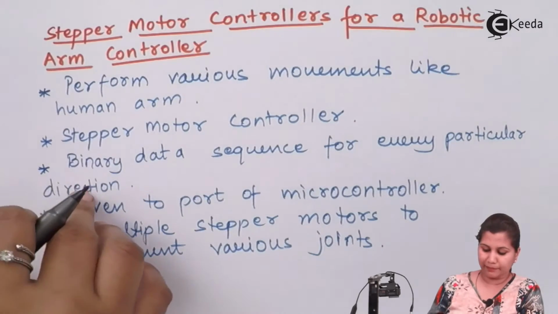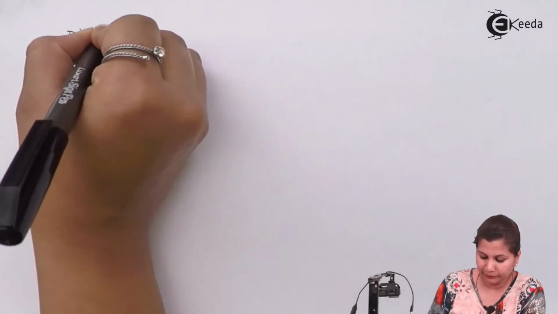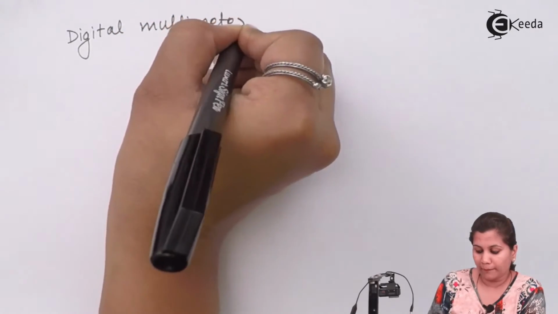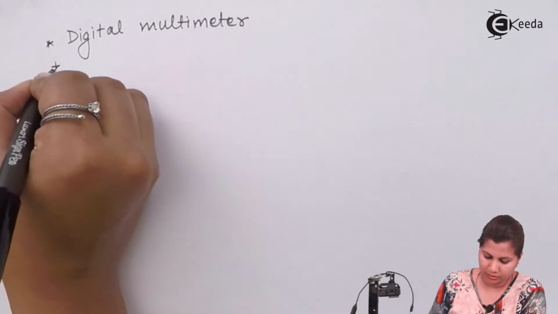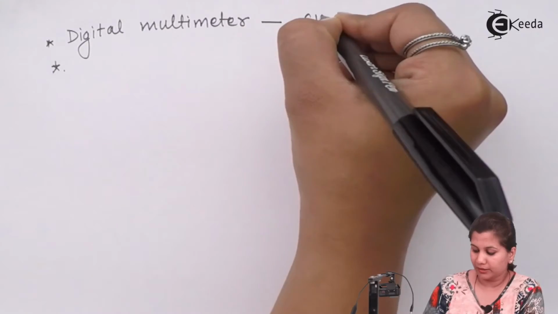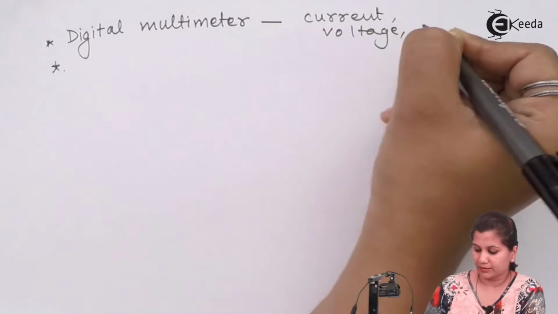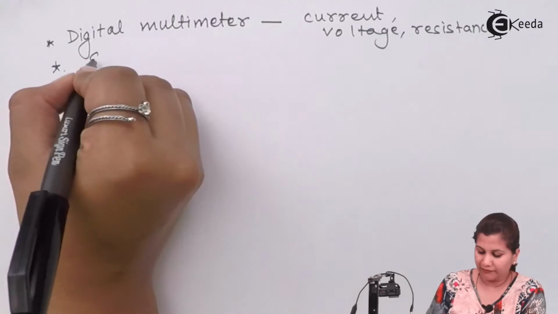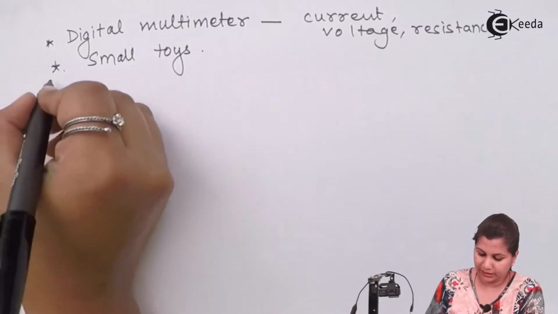If we see other examples of small scale embedded systems, then other examples are the digital multimeter. This digital multimeter is used to measure current, voltage, and resistance in circuits. Also, we have the small toys of children. They are also small scale embedded systems.